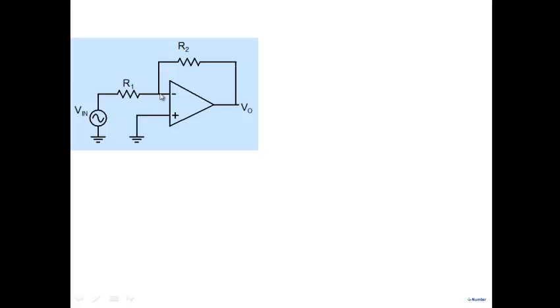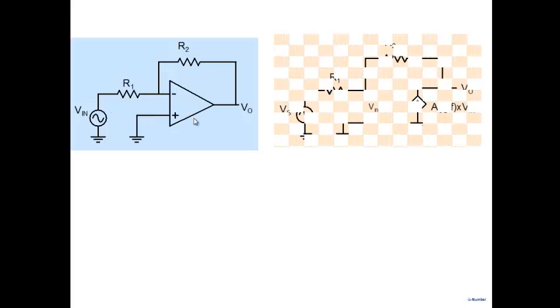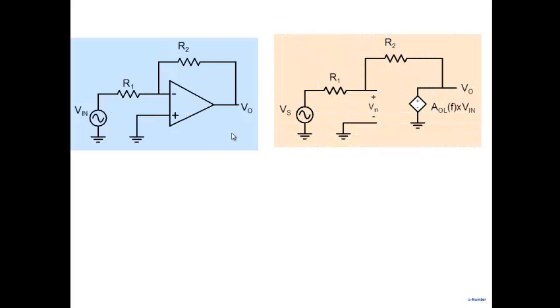So we reanalyze this circuit with a slightly better model, where we model the op-amp as a voltage controlled voltage source, except that the gain you see here is a function of frequency.